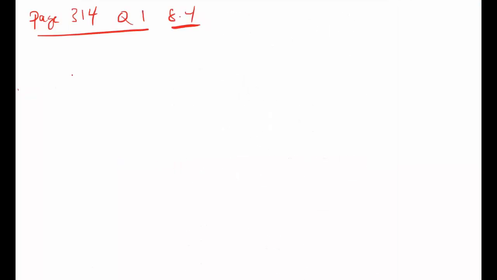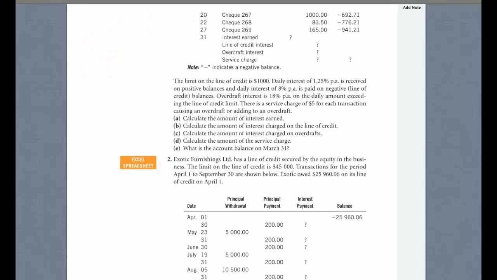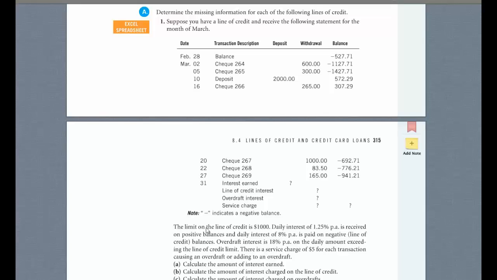Let's start with A, interest earned. That's easy. So interest earned from March 10th. You are only earning interest from the 10th to the 19th, because you have positive balances until the 19th.